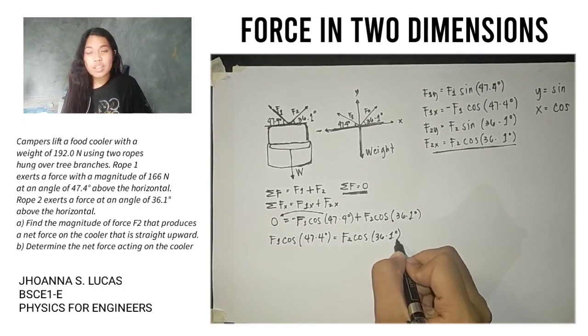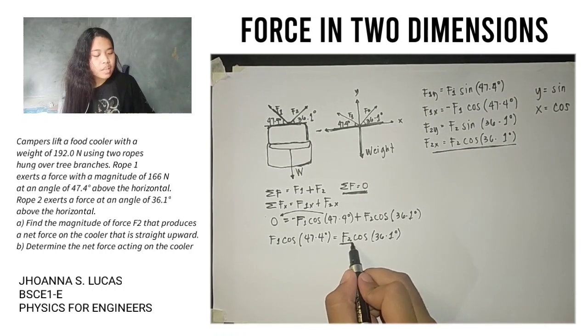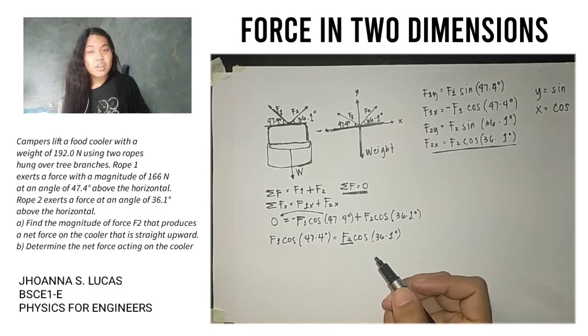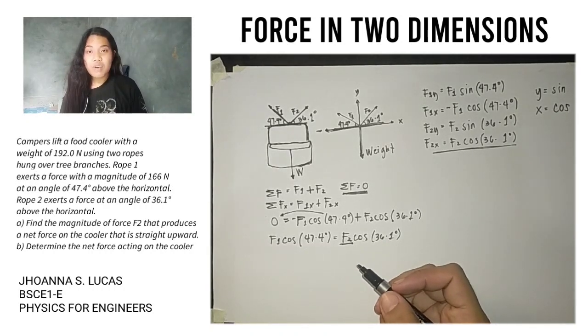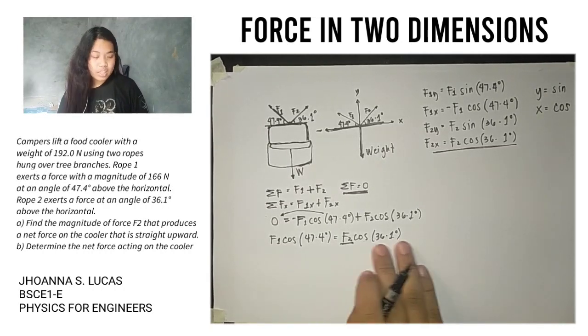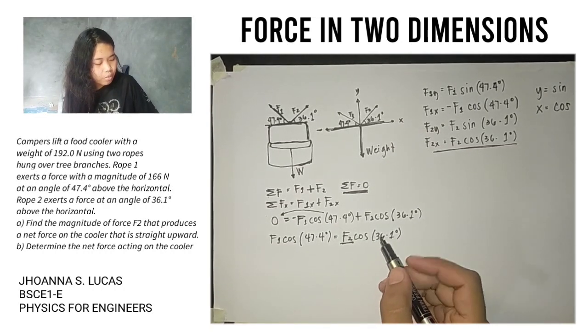Since we are asked to find F sub 2 here, we will cancel the cosine of 36.1 degrees. For us to cancel it, we will divide both sides by cosine of 36.1 degrees. So let's divide it now.